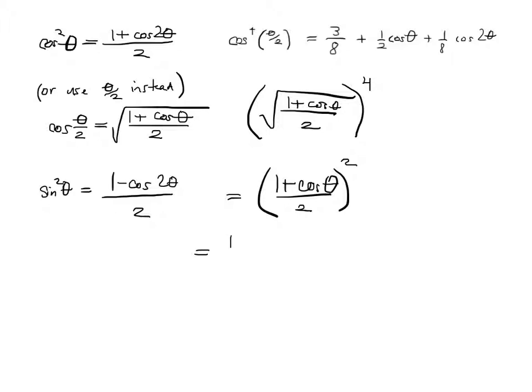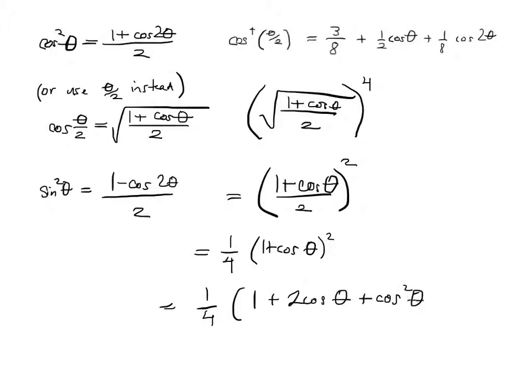That's going to be 1/4 times 1 plus cosine theta squared, which is 1/4 times 1 plus 2 cosine theta plus cosine squared theta. Now we're all set up to use this one, and that's pretty much going to take us to the end.